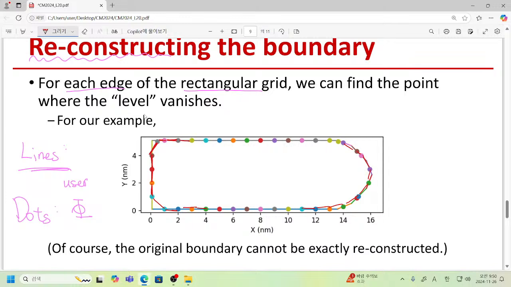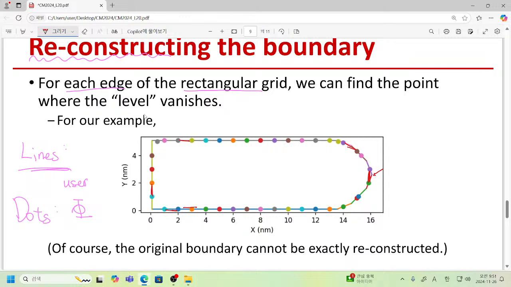The point is, do they match completely or not? As you can see here, after connecting them, you can actually see that there is a change of the actual boundary. For example, here the user shows a certain joint, but that is now gone, and they are just connected in a straight line.